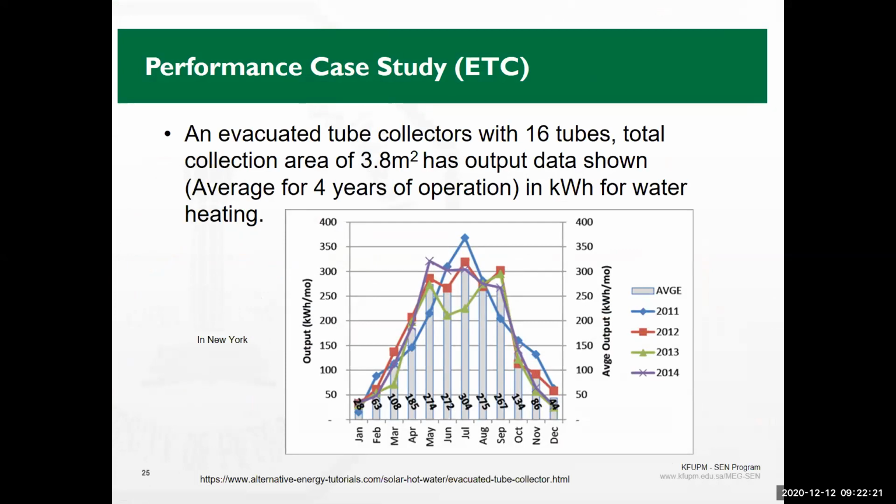This is providing us here the output from evacuated tube collectors in New York. These are experiments that have been done over 4 years, from 2011 to 2014, and the average values are being given for the output from these units as well as the input energy falling in.